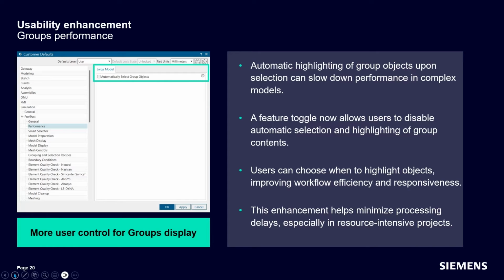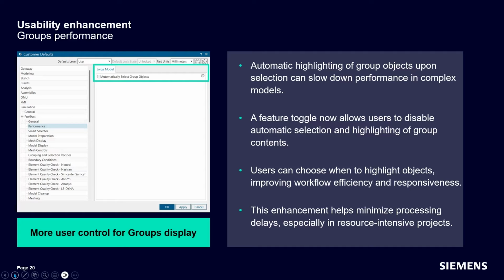So the next enhancement we have here is related to groups. So in the previous version, the automatic highlighting of groups upon object selection could slow down the performance if you're working with complex models. So now to tackle that situation, we have a new command that is like a toggle switch, which can be used to turn off the automatic highlighting of those groups from the customer defaults.